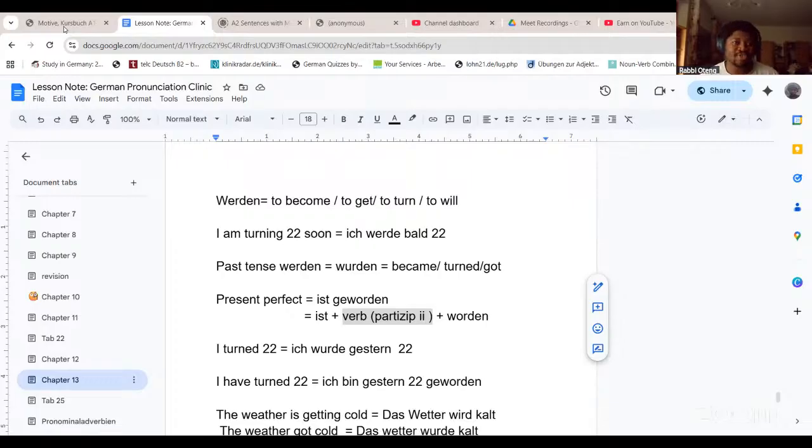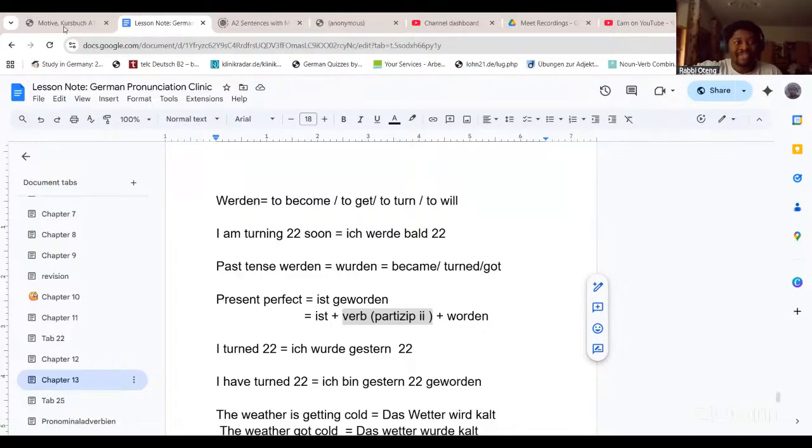So the next thing to be covered with the passive will be passive with modal verbs. For example: Ich kann die Lampe ausmachen. I can turn off the lamp. The passive will be: the lamp can be turned off.